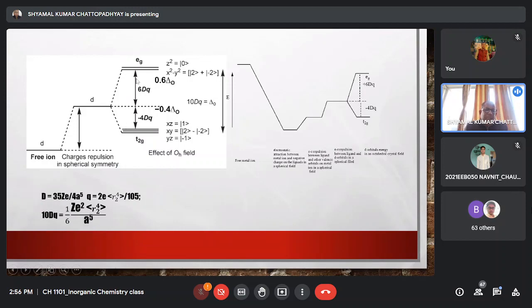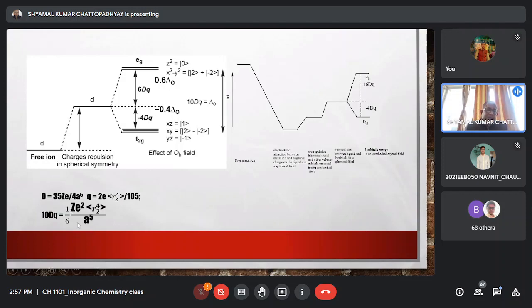So you can easily see that the amount of splitting is dependent on the metal ion charge. If the metal ion charge is more positive, then the splitting will be larger. That means if I have a monopositive, dipositive, and tripositive cation, obviously as the positive charge on the metal ion increases, the splitting will increase.